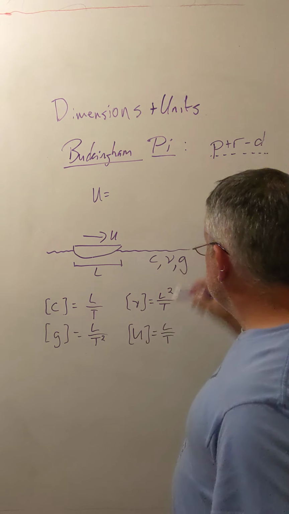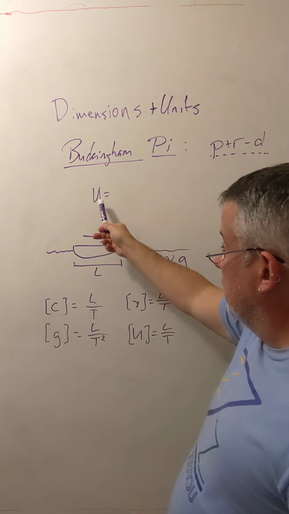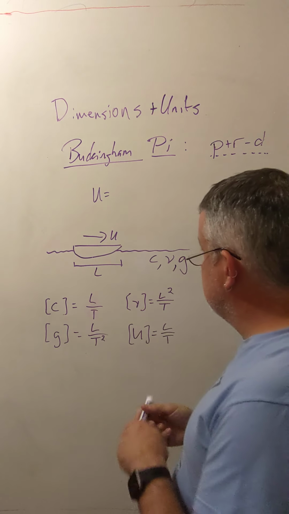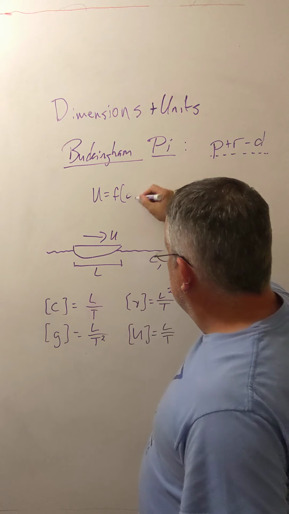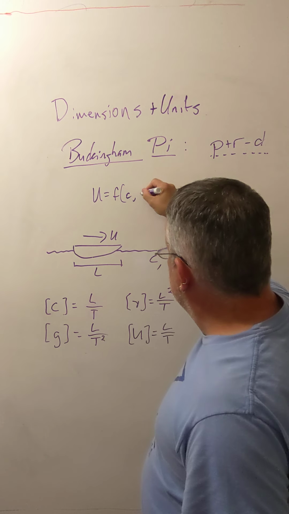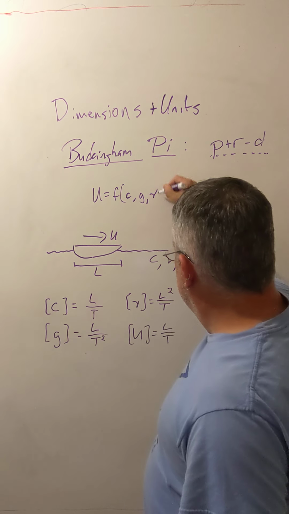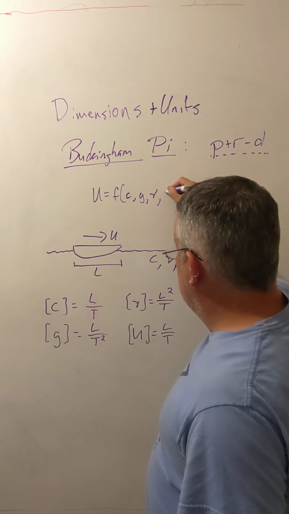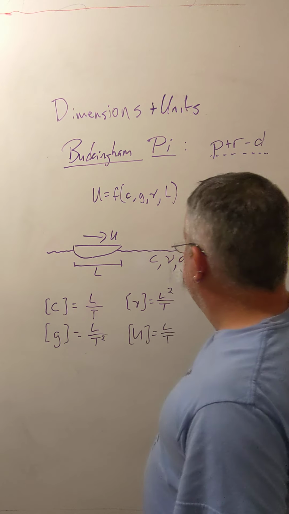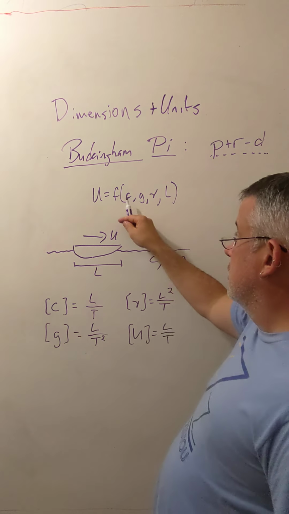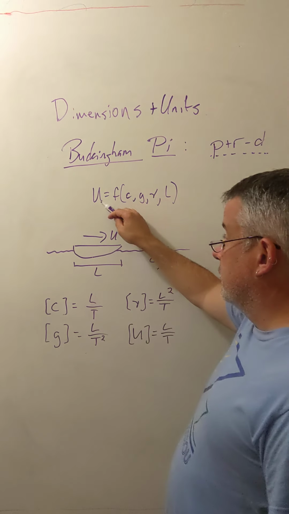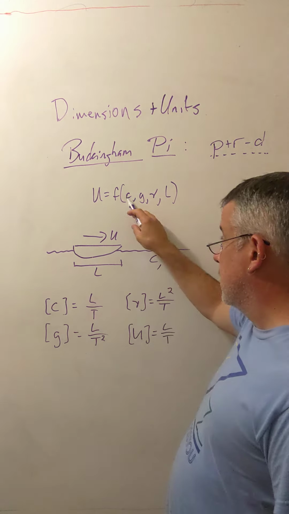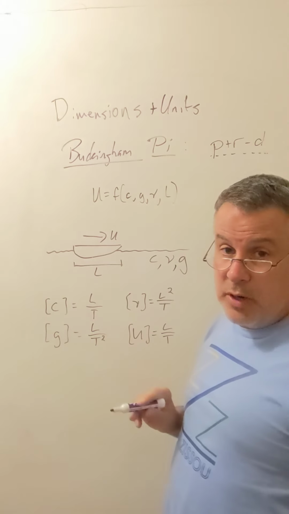Okay, so we're looking for a formula like velocity equals some function of all of those other pieces: c, g, nu, and L. That's what a solution would look like. We would have a prediction of the velocity or speed based on these other parameters in the problem.